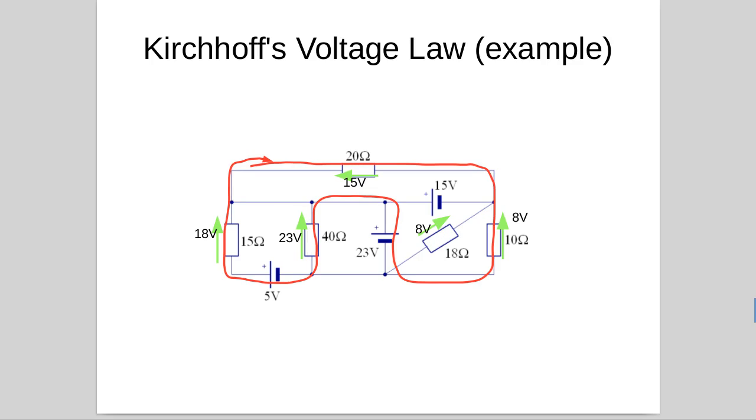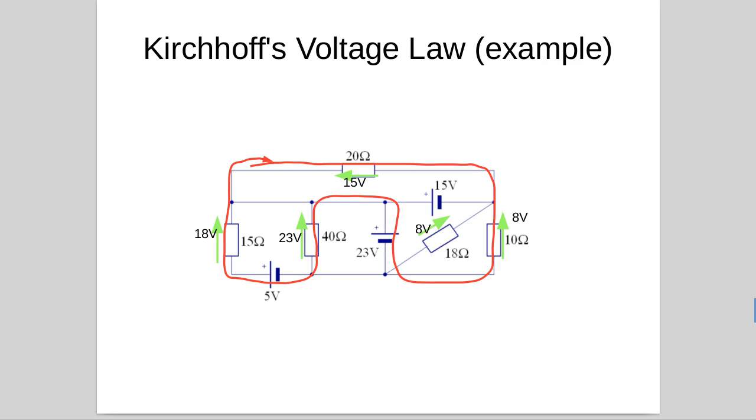Let's have a look at another circuit. Now note, there's no arrow shown on the 23 volt, but we know that the 23 volt arrow points up, which is in the direction of the loop, and we know in the 5 volt supply in the bottom left, the arrow points left, which is also in the direction of the loop.